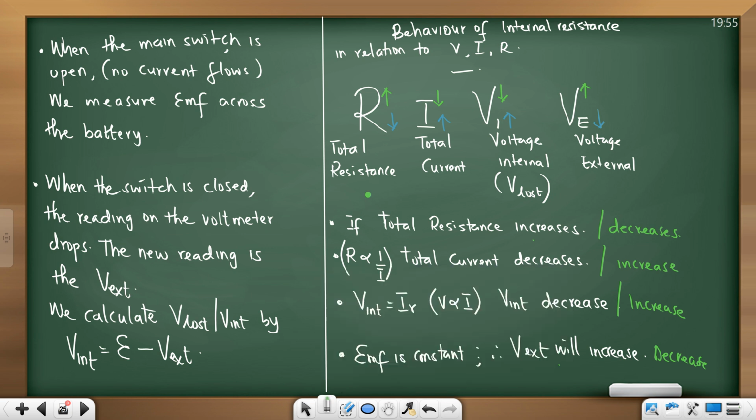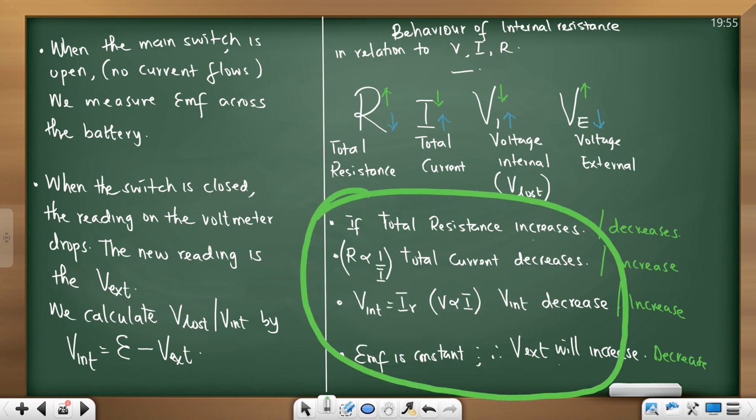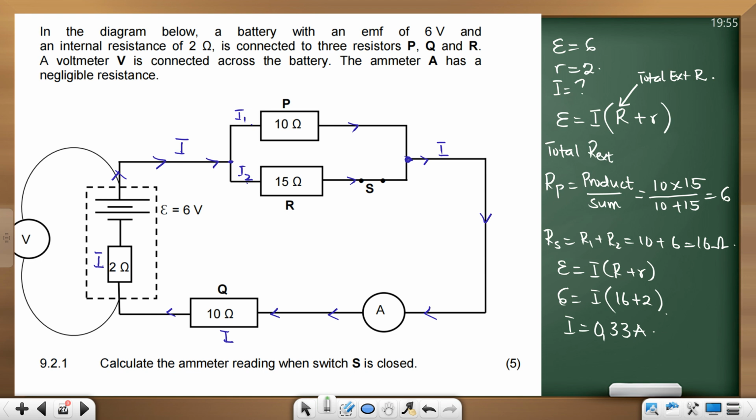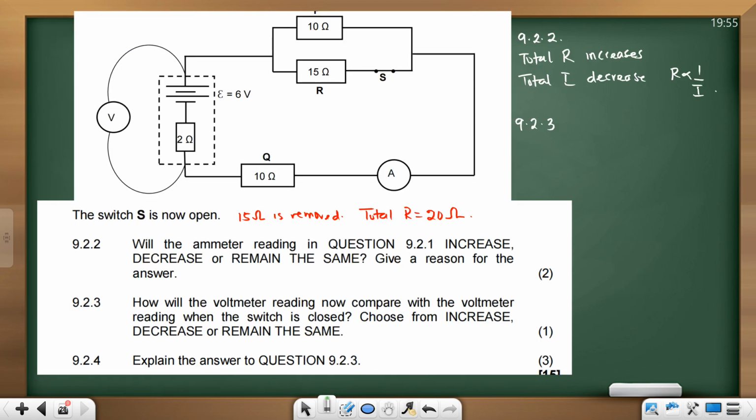You just write this, but you need to write it based on what happens to R. What did we say will happen to R? We said R will increase.